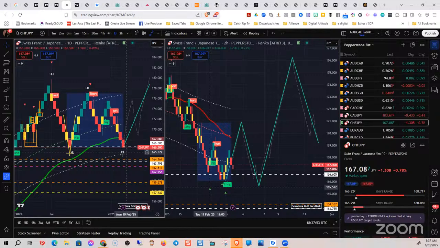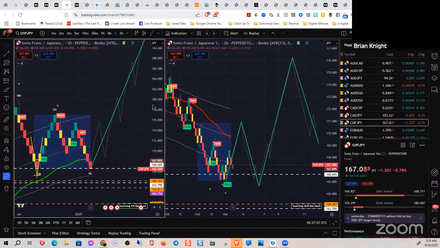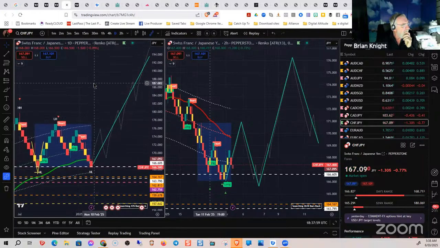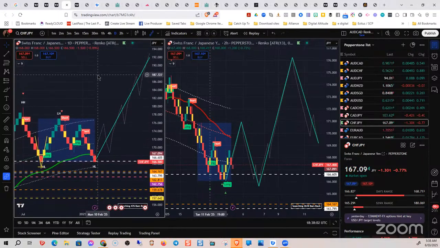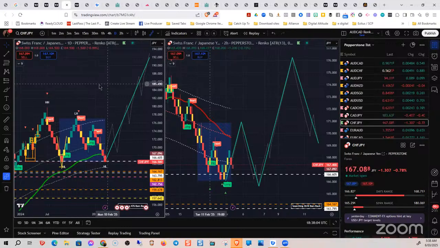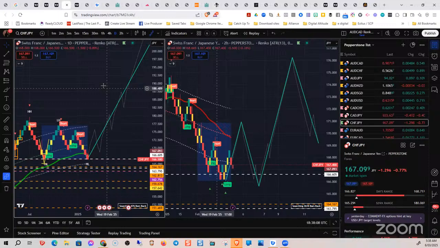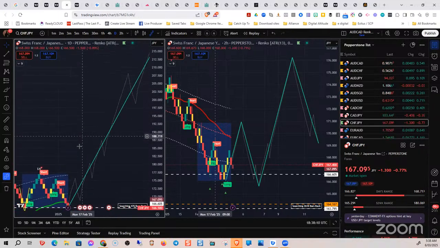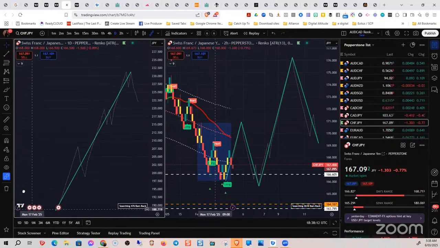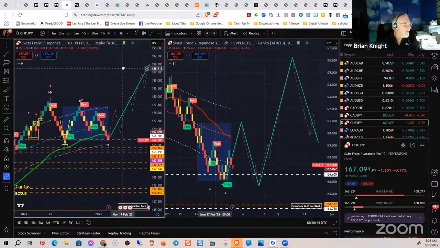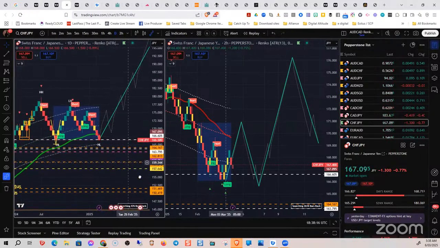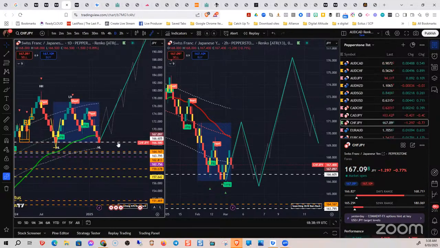So that's what you're looking at on a higher time frame. Exactly. So if you can align these 2 hour time frames with that daily time frame, this is taking years. And if you look, there's a trend line across the three tops right there. 1, 2, 3, right across the tops.